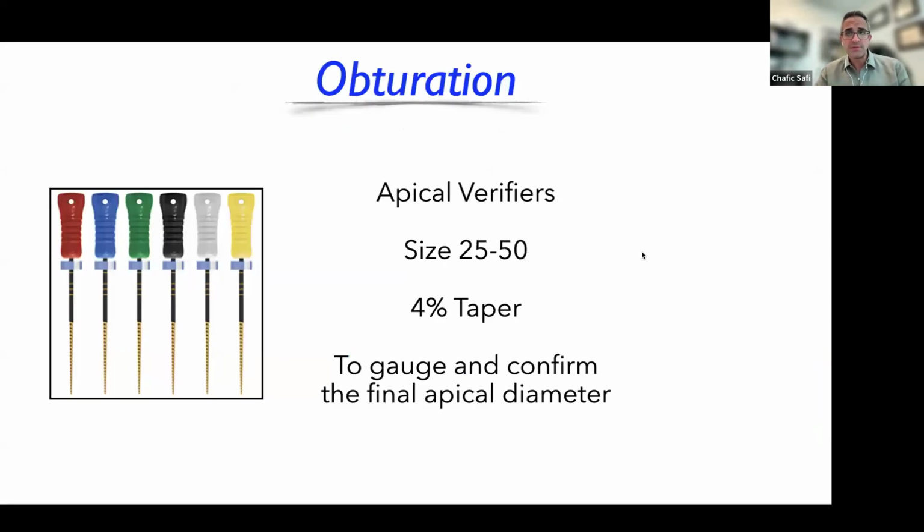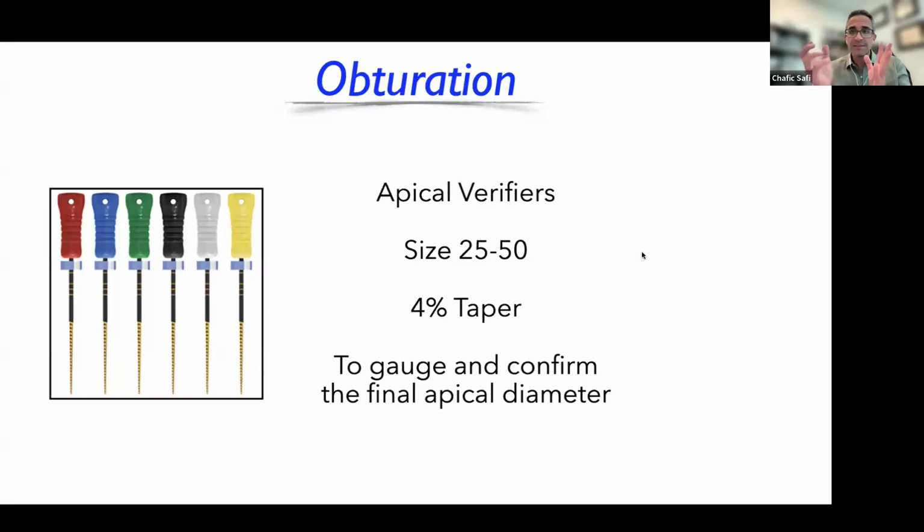When using the XP 3D Shaper Plus, at the beginning, you may have a bit of a challenge knowing how much time to give during your 8 strokes. So you might finish somewhere between 25 or 35 as a final apical size.